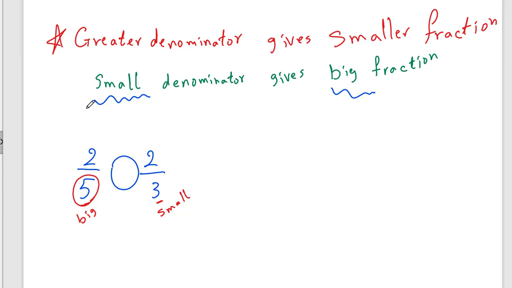So this is the bigger fraction, or greater fraction. So it's less than. Again, my heroes, the 5 is big, so this fraction is the small fraction.